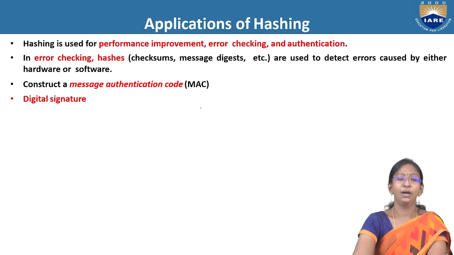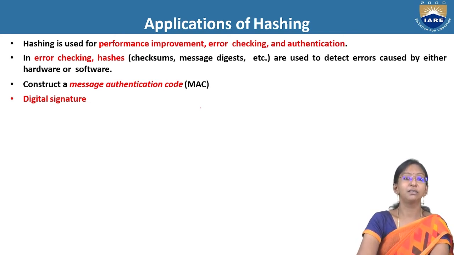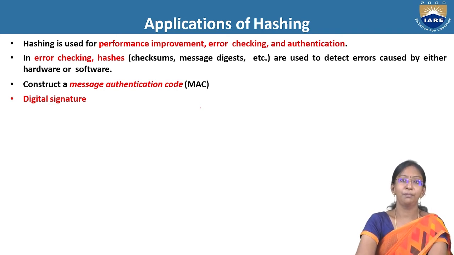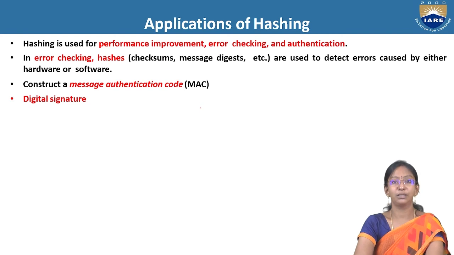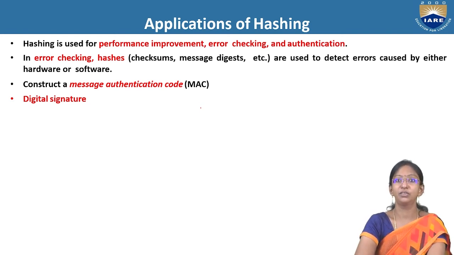Okay, so then what are the applications of hashing? The best application I can see is digital signatures, then construction of MACs, that is message authentication codes, because we feel that digital signatures must be unique, MAC addresses must be unique, right?